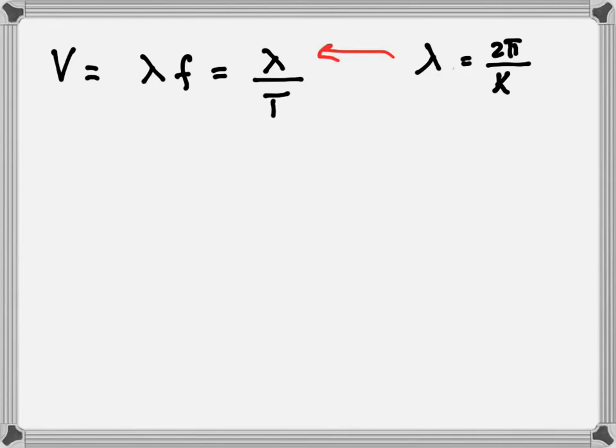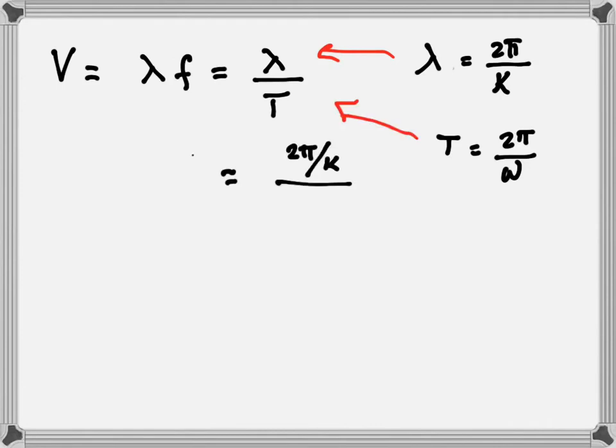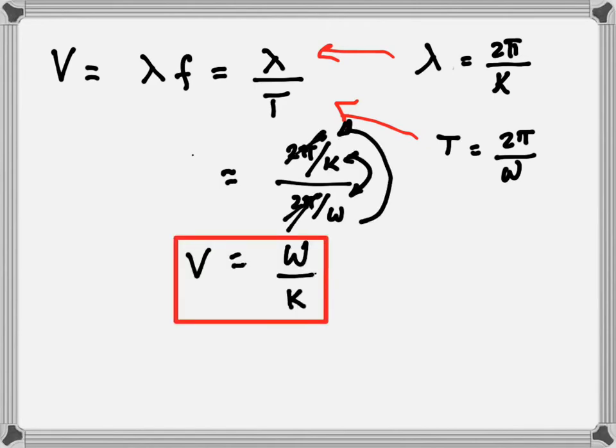Using the angular frequency, which is 2 pi over the period, we can solve for the period as 2 pi over the angular frequency, and we plug it in there. Omega goes to the numerator, k stays in the denominator, the 2 pi cancels, and we get that the velocity of a traveling wave can also be written as omega divided by k, the angular frequency divided by the wave number.